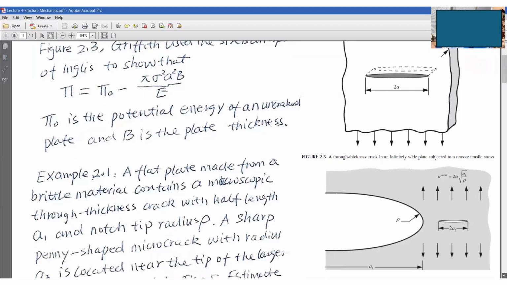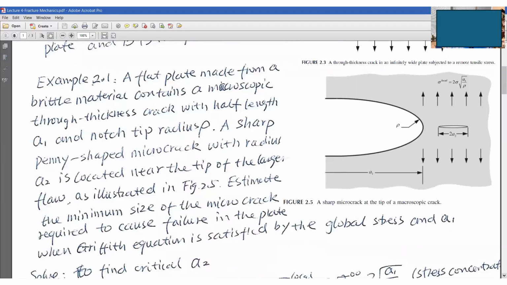Then I'm going to show you one example of how to use the Griffith criterion to solve a problem. We have a sharp microcrack at the tip of a larger crack.